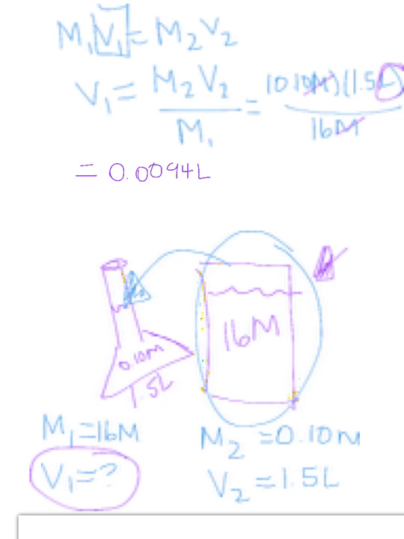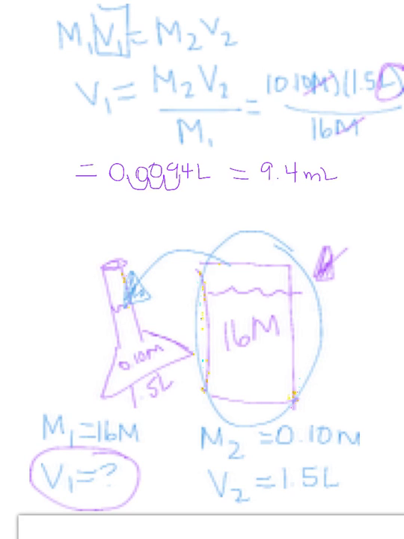But then consider the type of equipment that you're using to make this diluted solution. Do we have equipment that measures in liters? And the answer is no. Our graduated cylinders, our pipettes, our transfer pipettes, our volumetric pipettes, they're all in milliliters. We don't work in really large volumes. So I need to convert my liters to milliliters by moving the decimal over 1, 2, 3 places to the right. So this is equal to 9.4 milliliters.